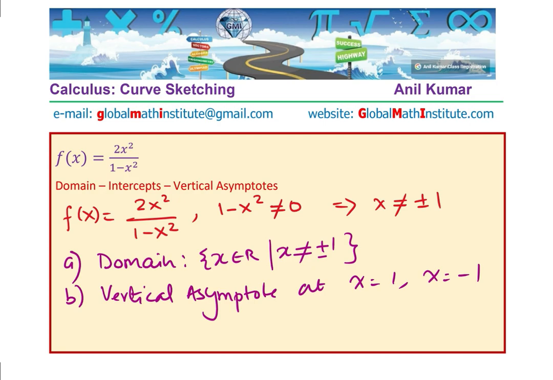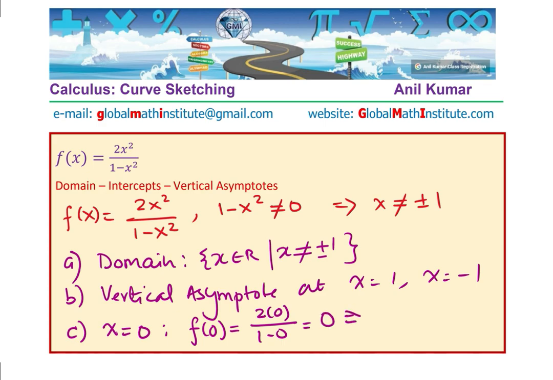Well, you can also find the intercepts. Intercepts are what happens when x is 0 or when y is 0, right? In this particular case, if I put x equals 0, what is f of 0? Well, f of 0 is 2 times 0 squared over 1 minus 0, which is indeed 0.